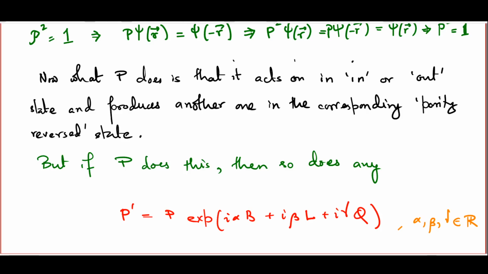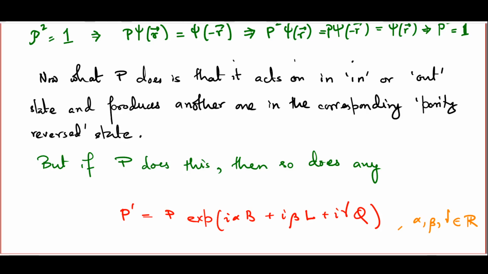Notice that each of these operators, capital B, capital L, capital Q, acts on a one particle state without changing the particle species label, but just applies an overall phase factor on this. We had discussed this in some detail in a previous lecture when we talked about abelian internal symmetries.